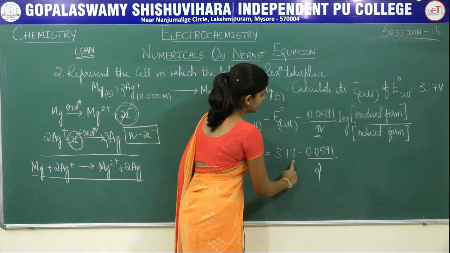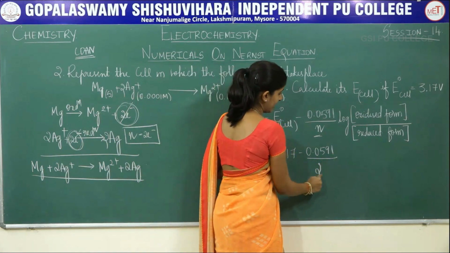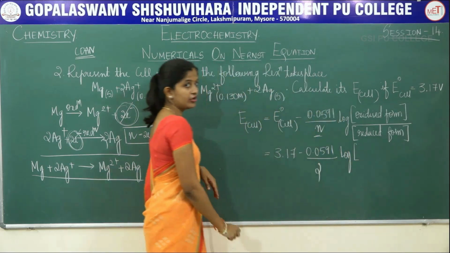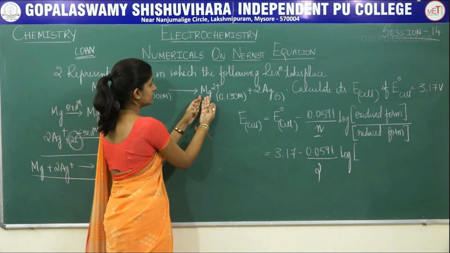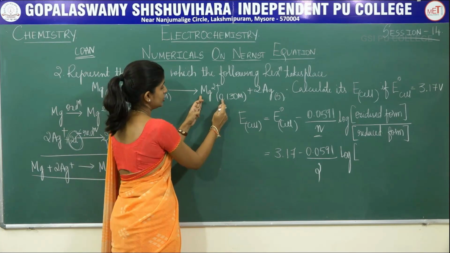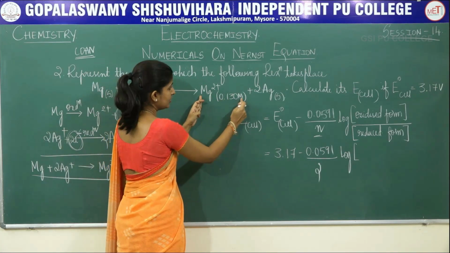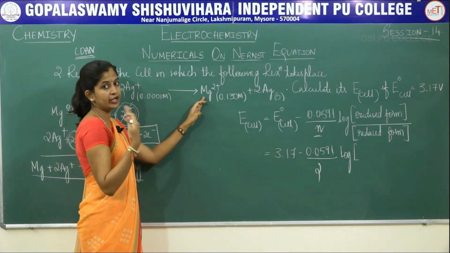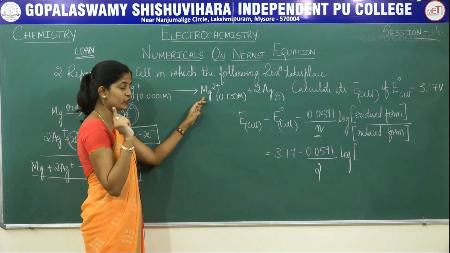So 3.17 minus 0.0591 by 2 log of the molar concentration of your product. Product is this one, its concentration is 0.130 molar. This is obviously 1, because for a pure substance, solid, liquid or gas, the molar concentration is 1.